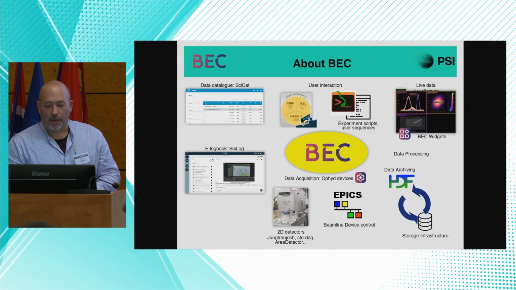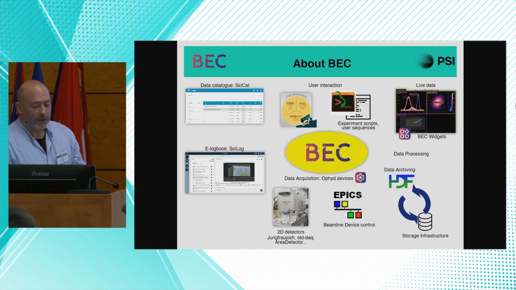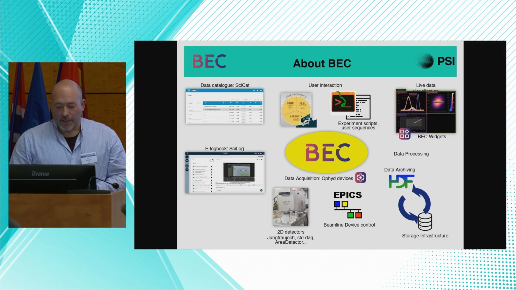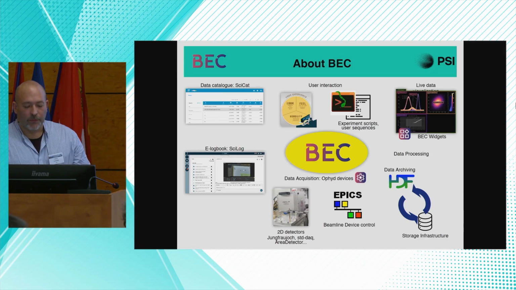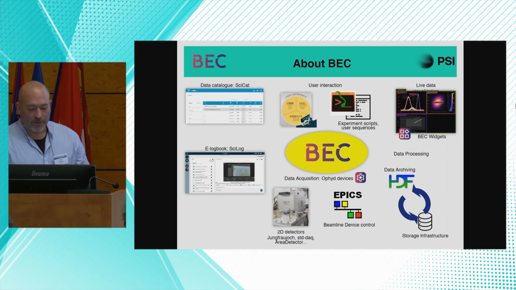So Beck is a PSI answer to the challenges of modern beamline experiment control systems. So there are 6 main areas. One is data acquisition. So PSI is EPICS territory for this. And also with some in-house solutions for 2D detectors, for example.